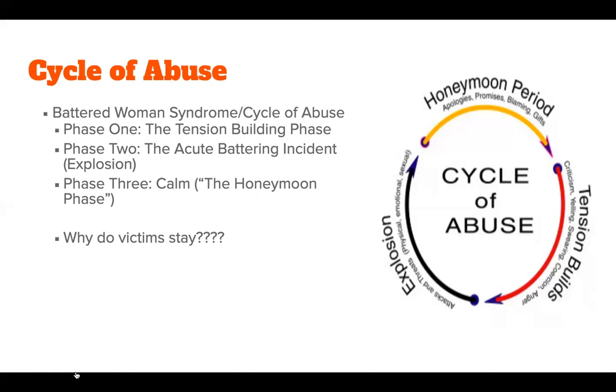It is most likely to happen during the tension building phase. And this becomes very problematic, or used to be very problematic from a legal sense, because you really can't claim self-defense if you were not actively in danger at that moment.